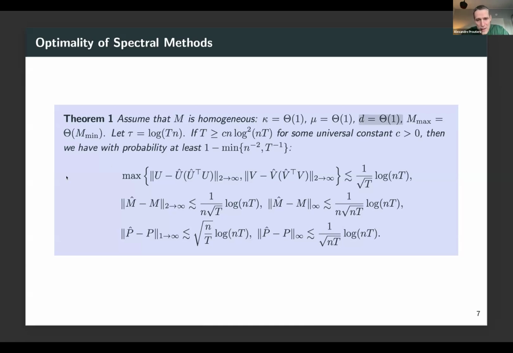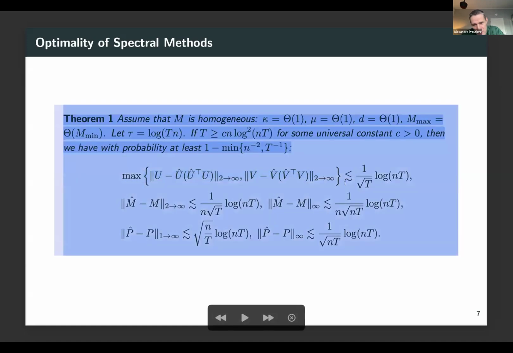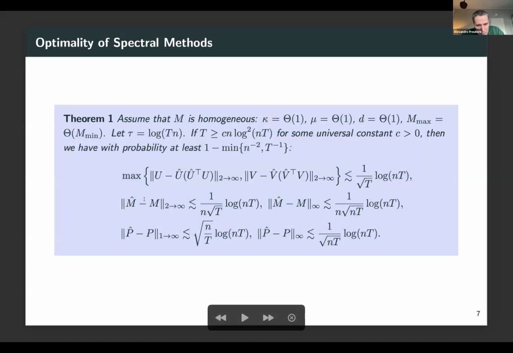Okay. So we show that we get guarantees for the subspace recovery of the algorithm. We get guarantees for the 2-to-infinity norm of the estimator for the matrix M. We can also derive similar guarantees for P hat in the 1-to-infinity norm and the entry-wise guarantee.